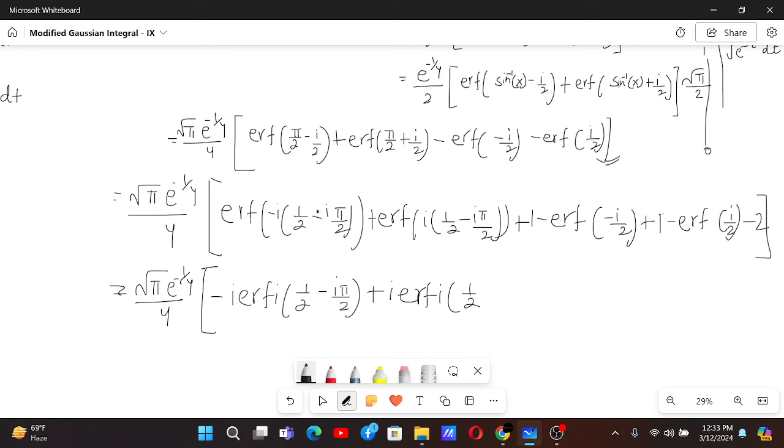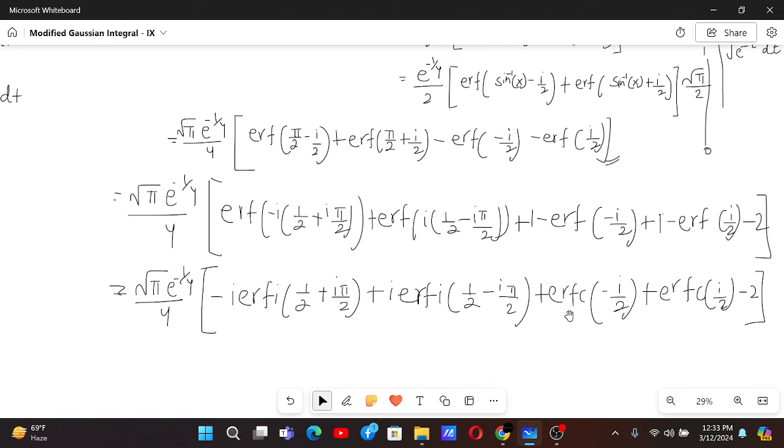If I take I common, this will basically be plus, I'm sorry, I minus 1 minus plus 1, okay, fine, and then minus I pi by 2, and then this is RC of minus I by 2, and this is also RC of I by 2, and then minus 2.